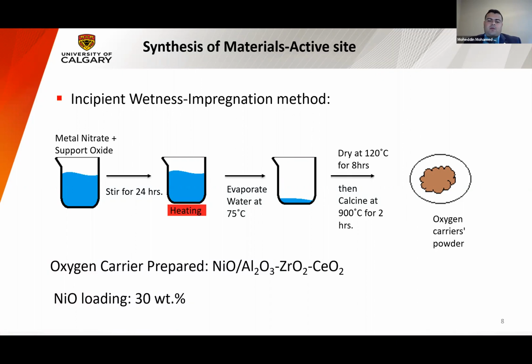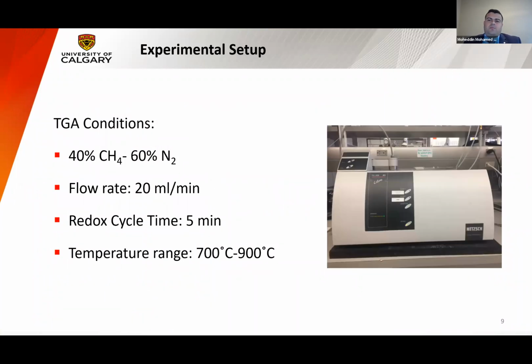In the same manner, nickel was added to a beaker of water, followed by aluminum oxide. For our experimental setup, an HTGA was used with a flow rate of 20 milliliters per minute for our inlet gases.